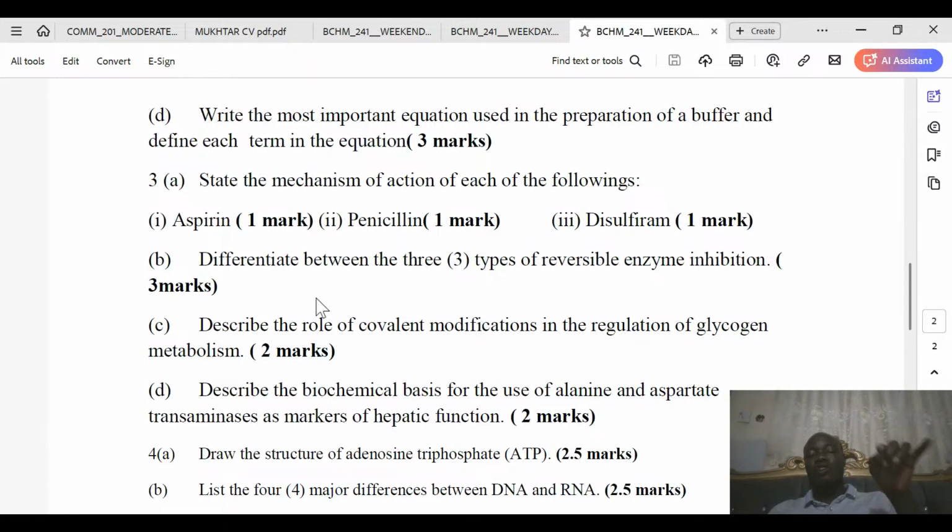But in the case of gram-negative bacteria, they have a very thick peptidoglycan, while gram-positive bacteria have a thin peptidoglycan layer. So that peptidoglycan is what actually protects the bacteria. So once you disrupt it, they usually die.